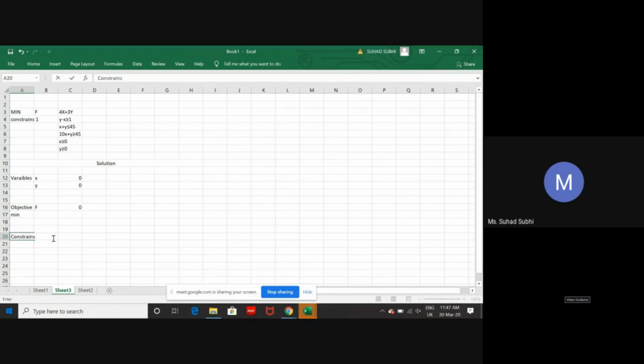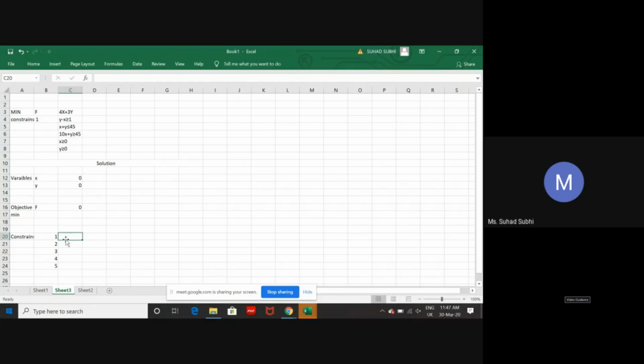Now we have to write the constraints one by one. Let me number them 1, 2, 3, 4, and the last one, 5. To write each constraint we have to do two things: one cell for the left side and one cell for the right side.